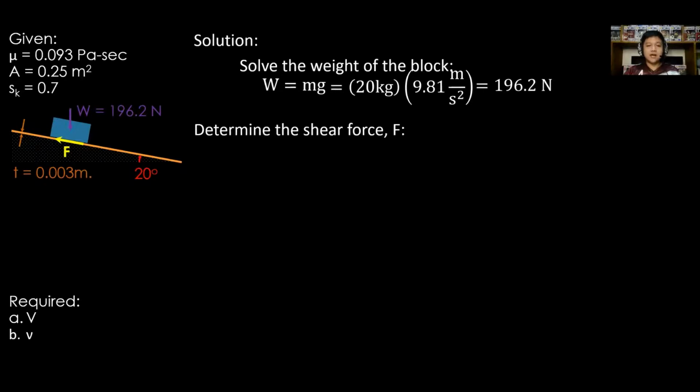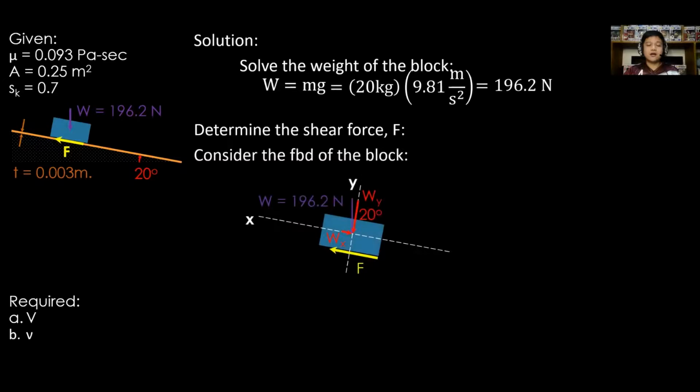So what is this F between the kerosene, or the interface of kerosene and the block? Consider the FBD, or the free body diagram, of the block. It is acted upon internally by its self weight, and externally by the shear force F, which acts as the counteracting force.